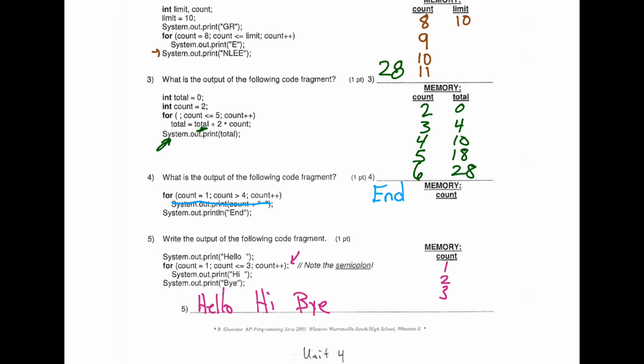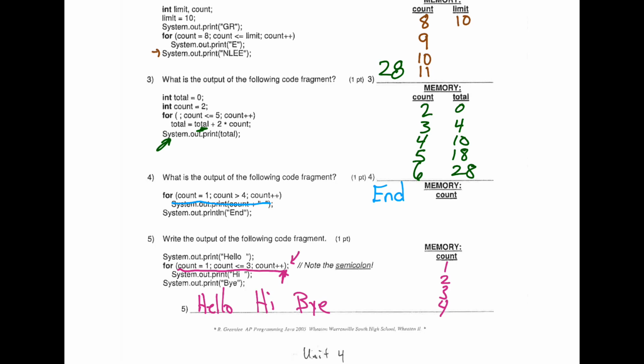Okay. But we have this semicolon we need to talk about, right? So this loop is going to run just by itself. So count's going to get to 3, and then count's actually going to go all the way to 4. But there's no code here to run, so it's not actually going to do anything. It's just going to increment count until it gets to not be less than or equal to 3.